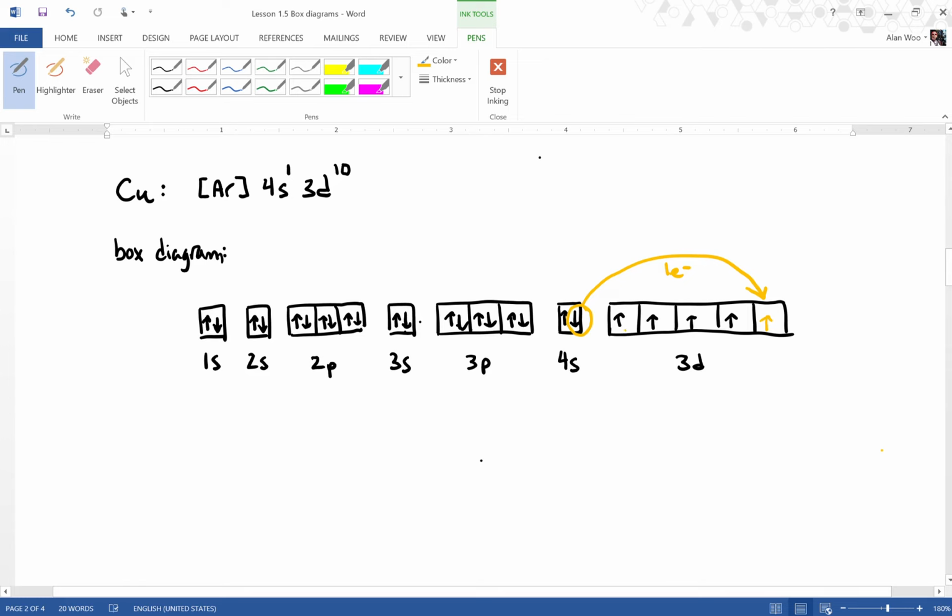Even though they're half full only, they are a little bit more stable than when this particular electron was missing and you have a vacant sublevel.